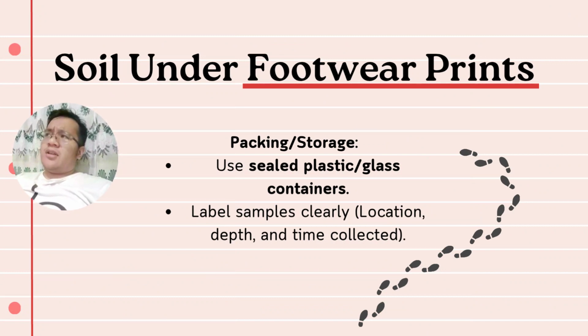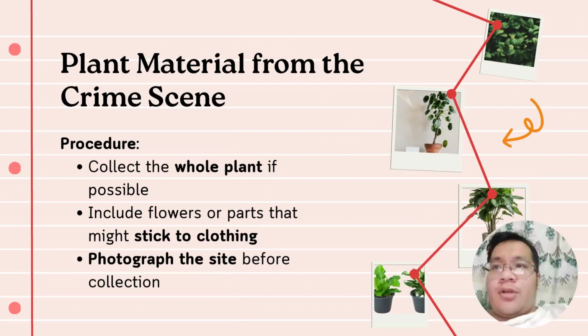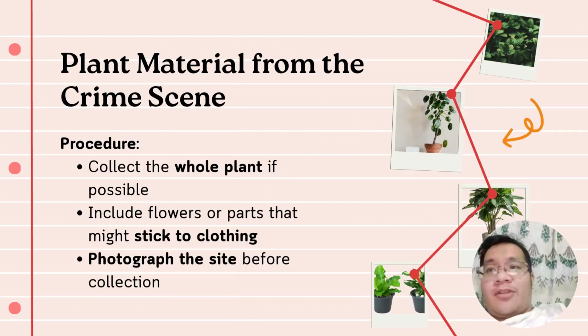The method that the PNP is still using until today, as I asked, because they are in a remote province, is the plaster of Paris to be exact, wherein you just need to collect prints from the area, not all, but you still need to collect two of the prints, just the left and right foot, but at different areas and at different times. That's all. Next, we have the plant material from the crime scene.